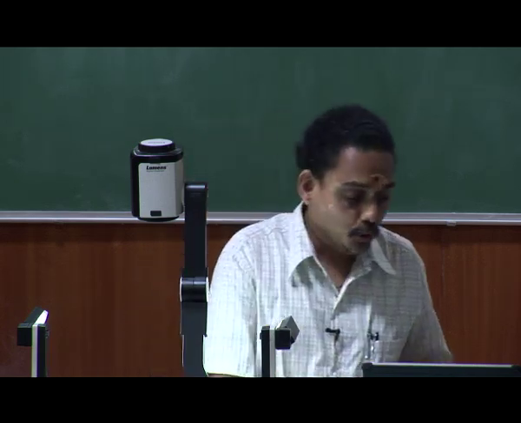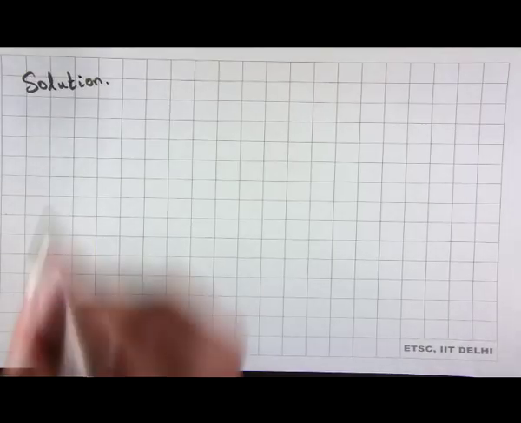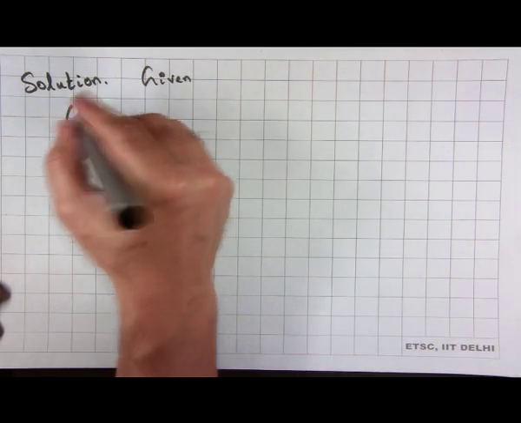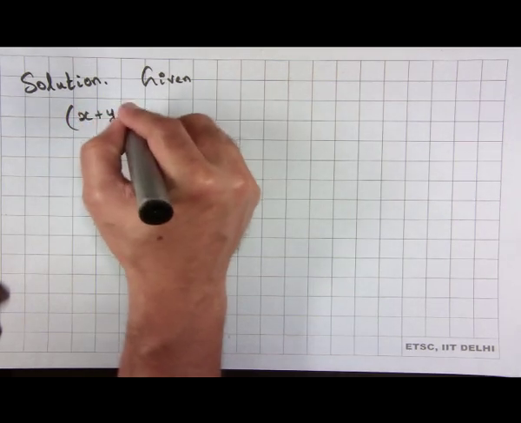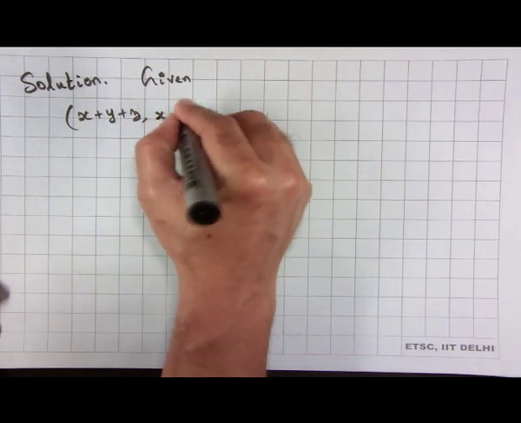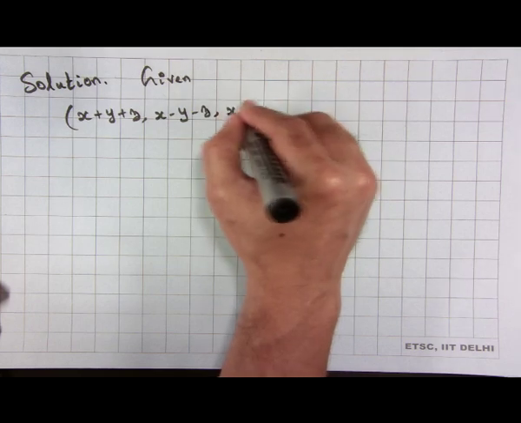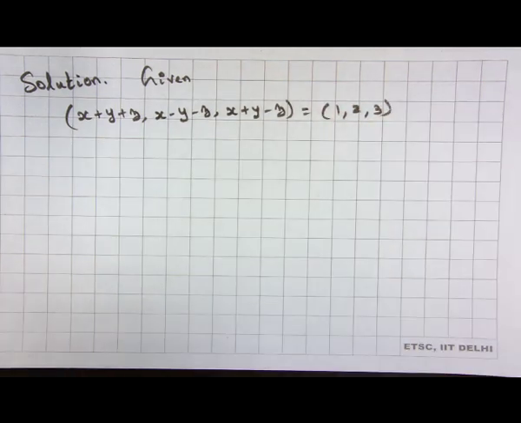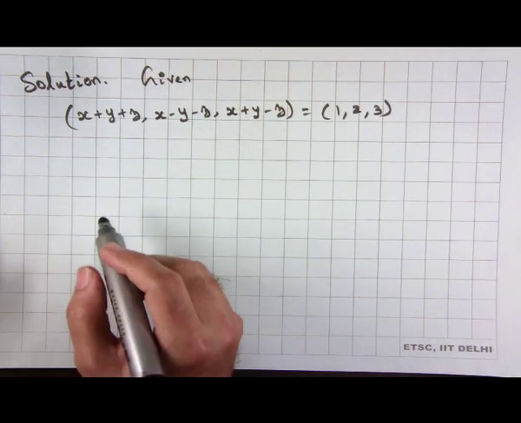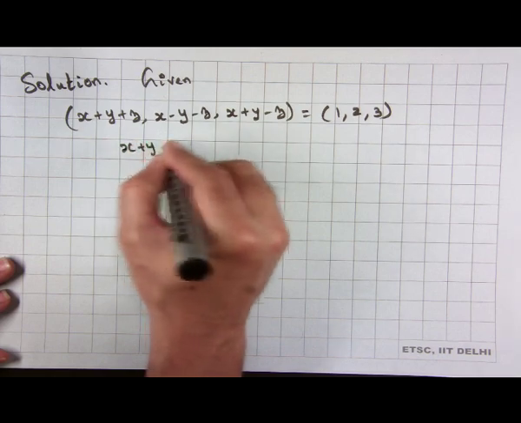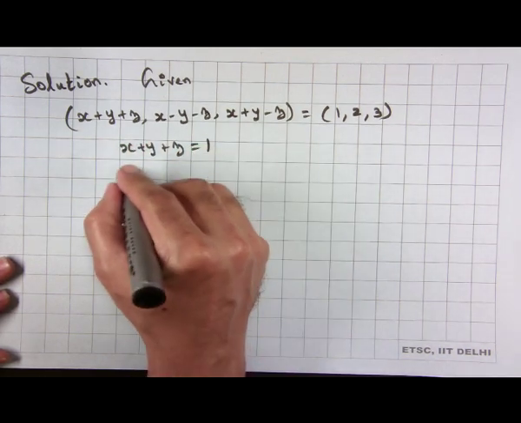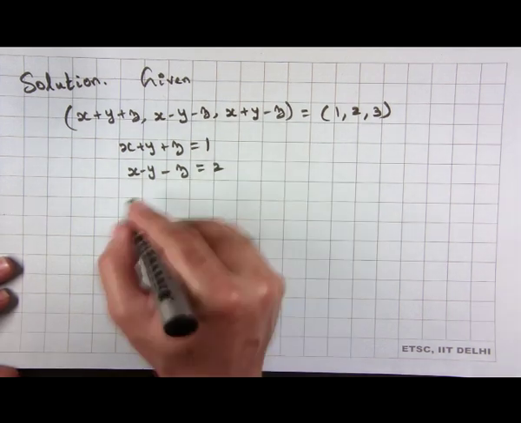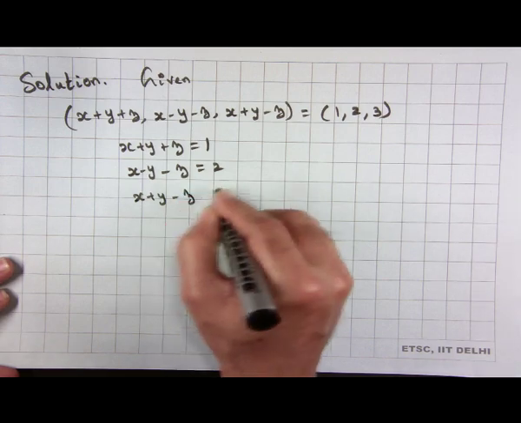Now, let us go to the solution for the problem. What we are given is that on the left we have the triplet (x plus y plus z, x minus y minus z, x plus y minus z) equal to the triplet (1, 2, 3). Based on the above remark, it can be said that x plus y plus z equal to 1, x minus y minus z equal to 2 and x plus y minus z equal to 3.